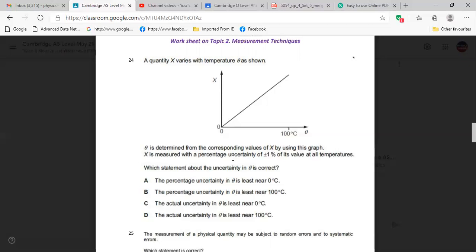And that is very close to 0 degree Celsius, isn't it? Yes, sir. Yeah, the actual uncertainty in theta is least near 0 degree Celsius. This one is the answer, C. Is it clear? No, sir. Still confused, sir.